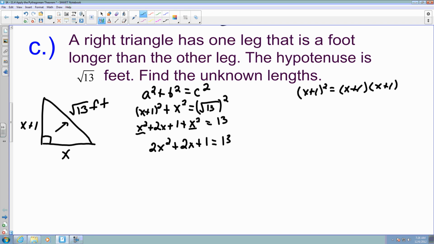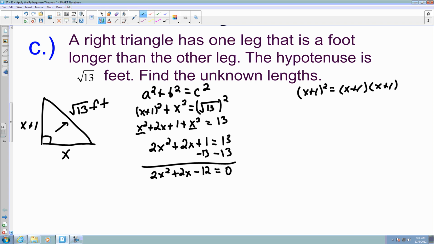But now I'm going to set it equal to 0, so I'm going to subtract 13 from both sides, which leaves me with 2x squared plus 2x minus 12 equals 0.